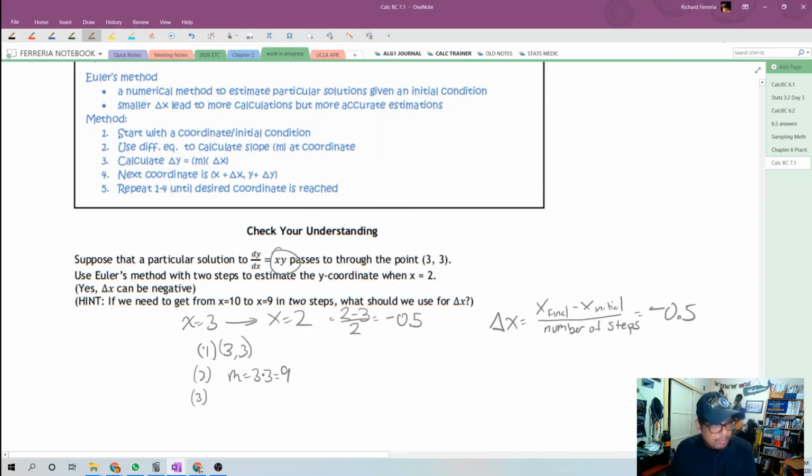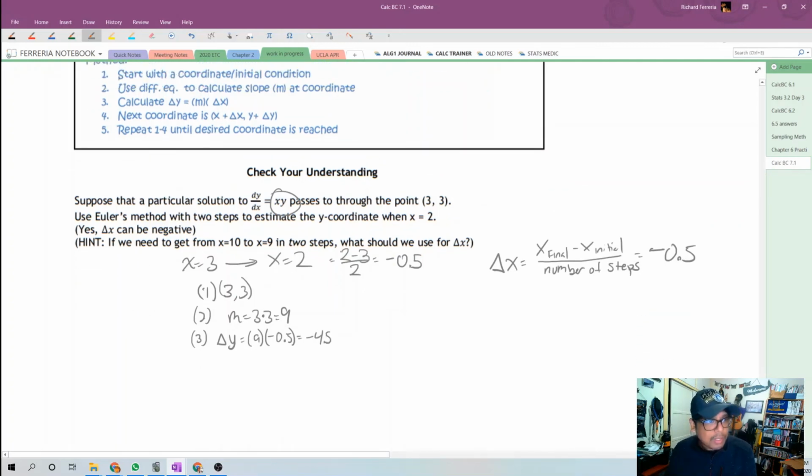Step 3. Calculate delta y. Delta y is m times delta x. So delta y is equal to m, which was 9, multiplied by delta x, which was negative 0.5. That is negative 4.5. It's negative. Should I be freaking out?